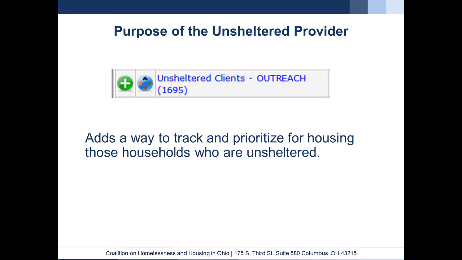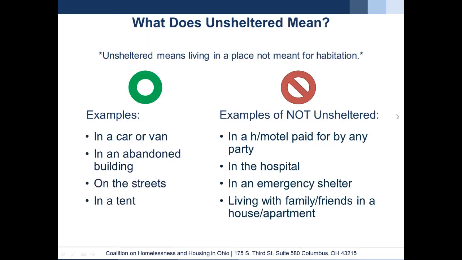Okay, so this is what the unsheltered provider will look like in your EDA list. It's provider 1695. It adds a way to track and prioritize for housing those households who are unsheltered. So just to talk about what unsheltered means, it means living in a place not meant for habitation.